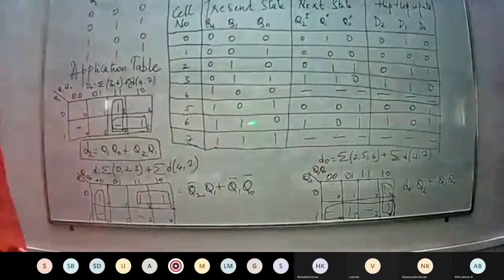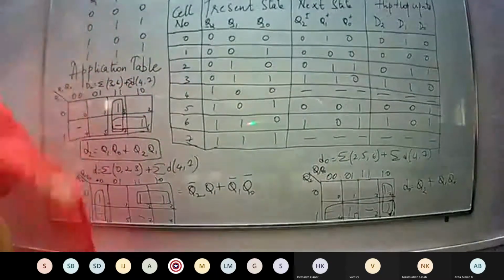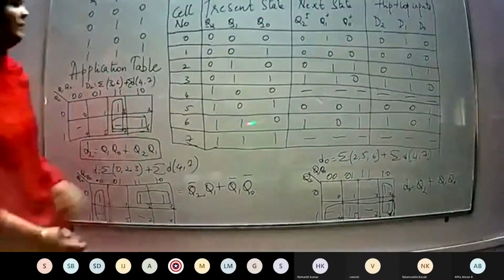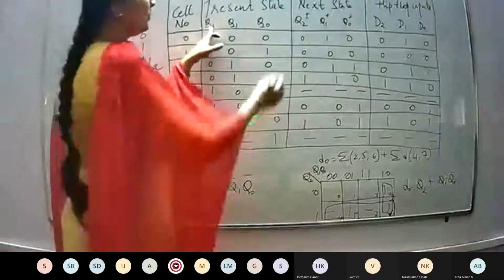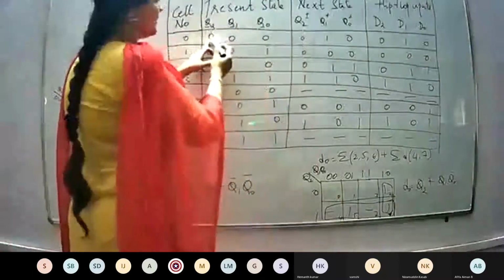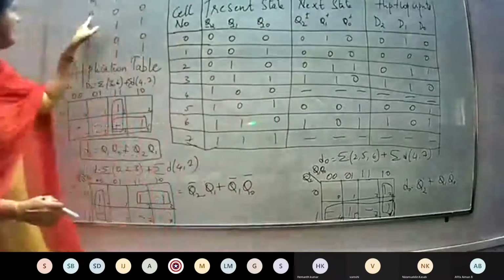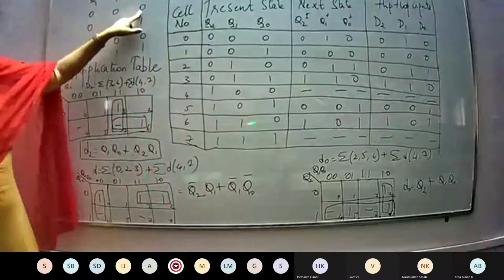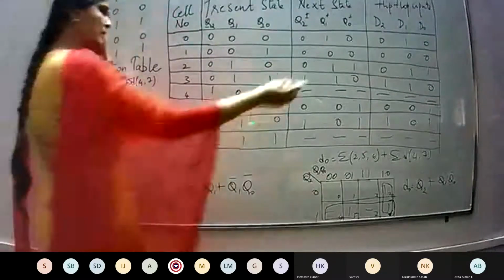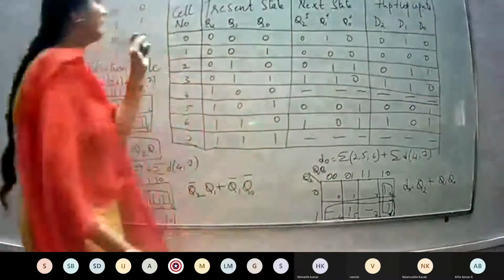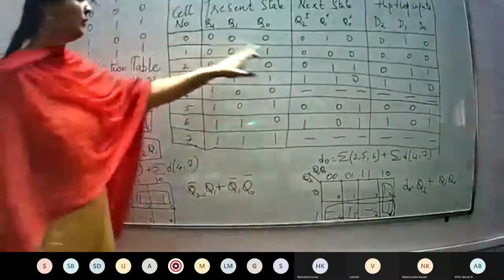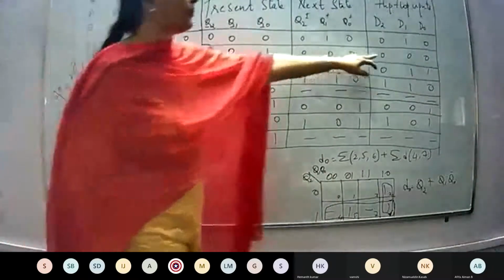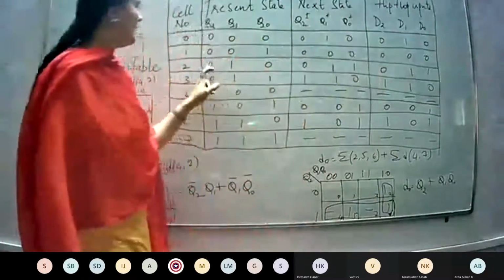Now seeing the application table, you have to fill up the flip-flop inputs. So Q2 is 0, Q2 plus is 0. What will be your D? It will be 0, so I've put 0. In the same way, again what will be your D2? It is 0.